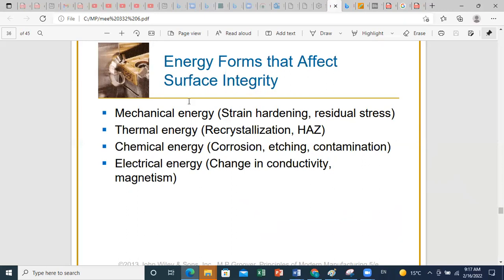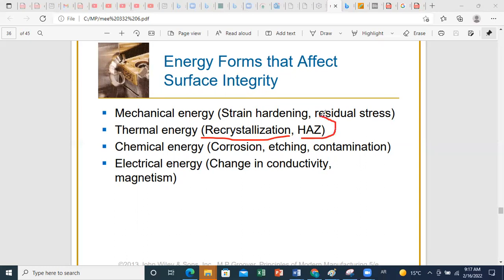We already introduced the concept of recrystallization, and we have seen how recrystallization will lead to the formation of new grains, and this will allow easier deformation of your material. So in that way, of course, if we look at the sublayer, we'll see a change in form due to the application of thermal energy.